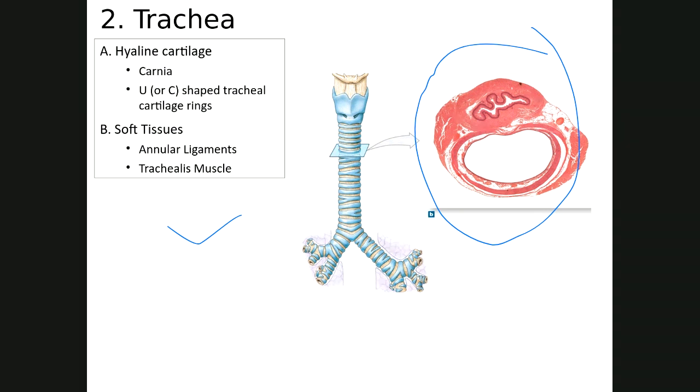And we'll talk more about the esophagus when we do the lecture on the digestive system, which will be coming up in the third lab unit. All right, so that's the trachea.